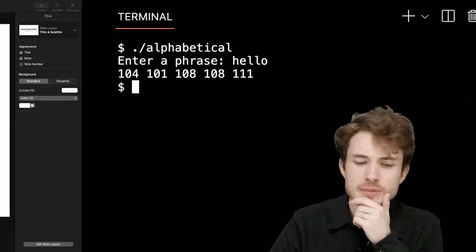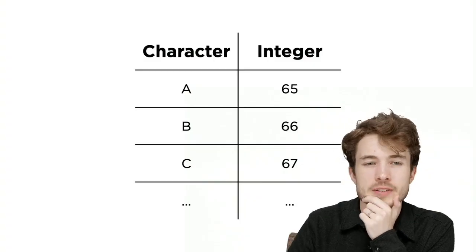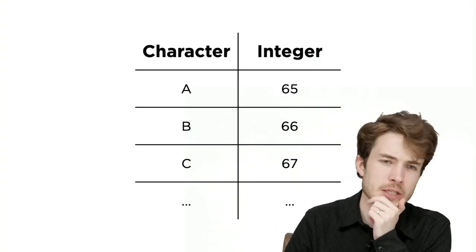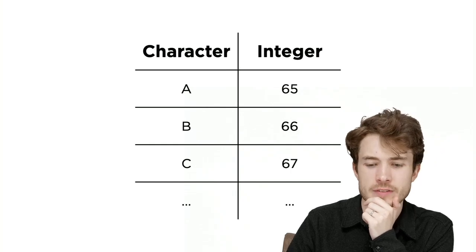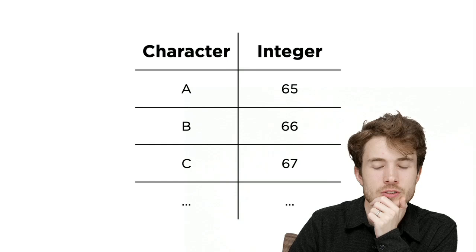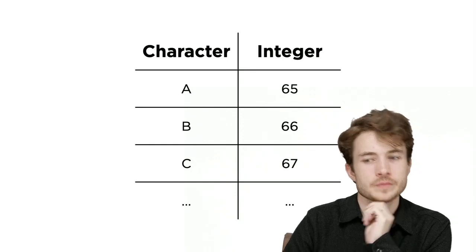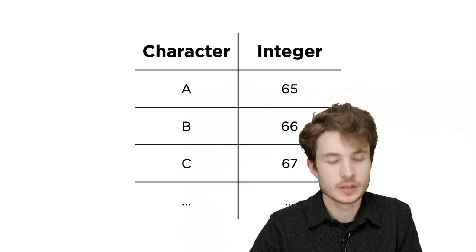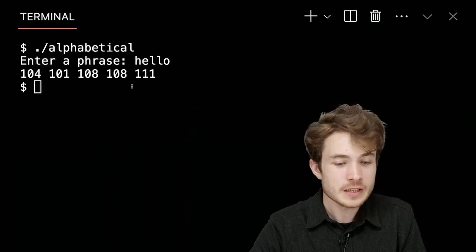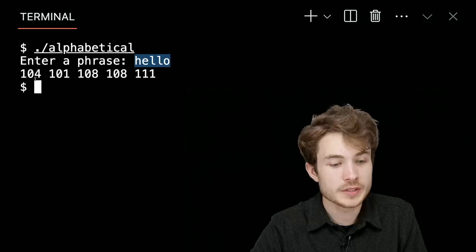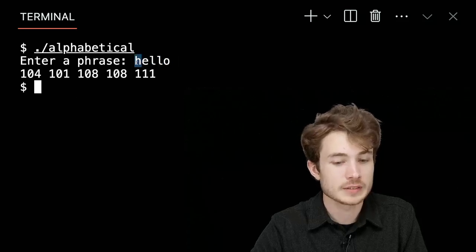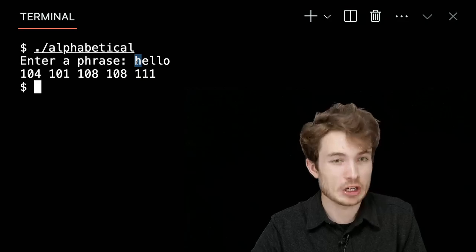Now these don't seem to match. If I go back here, I see A for 65, B for 66, C for 67. Why might they not match, do you think? Yeah, so notice how in here, I've been actually typing things in lowercase, and lowercase letters have different numeric representations.